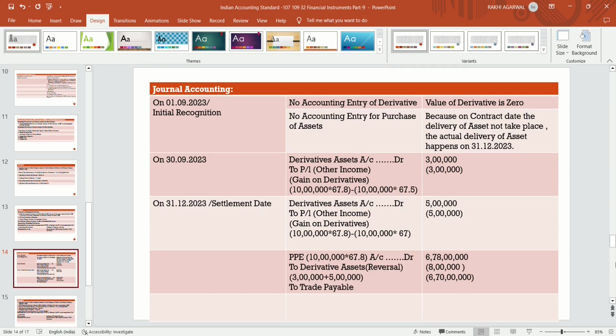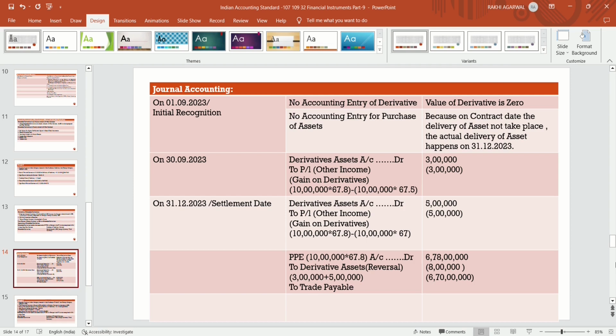Now the journal entry will be on 1st September, on the date of making the contract. A Limited will not recognize anything in its books, because it is not going to pay anything at the time of making the contract, and it's a derivative contract.